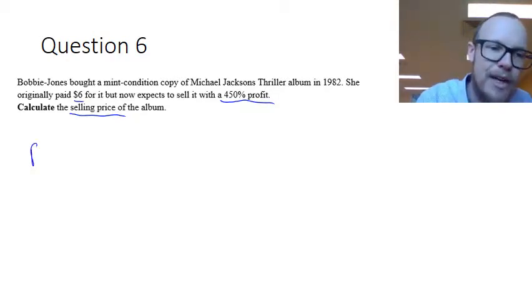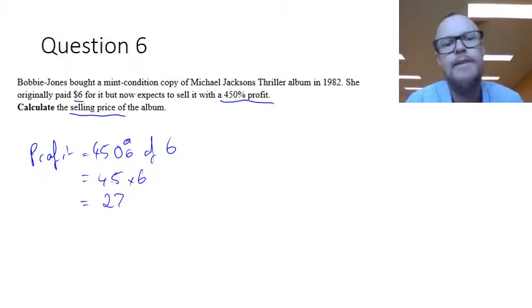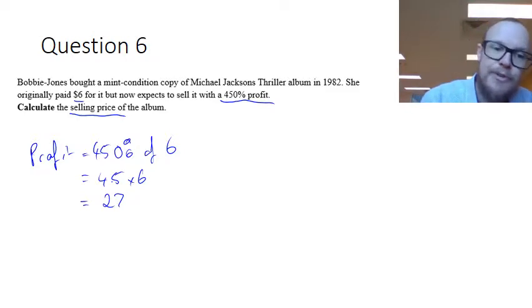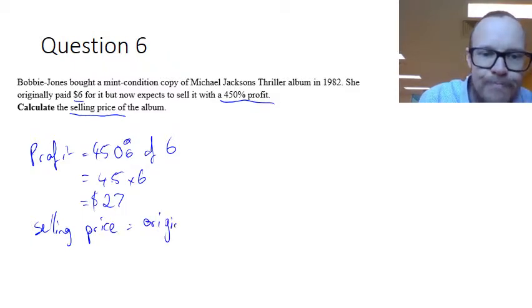So we can work out the profit by calculating 450% of $6, which is 4.5 times 6, which is 27. Okay, so $27 is the profit. The selling price is going to be the original plus the profit.